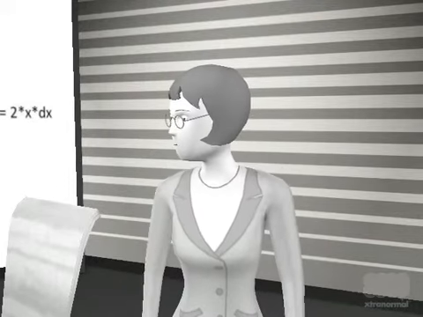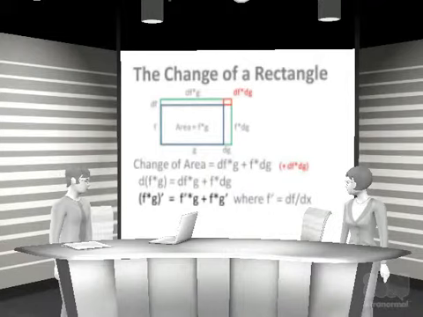Okay, Alan, but how can you prove this change formula? In a rectangle with sides f and g, the area is f times g. If f and g both depend on a third number x, then a small change in x will give small changes in f and in g, called df and dg.